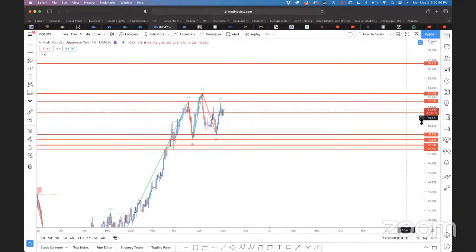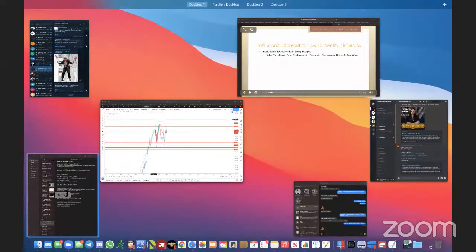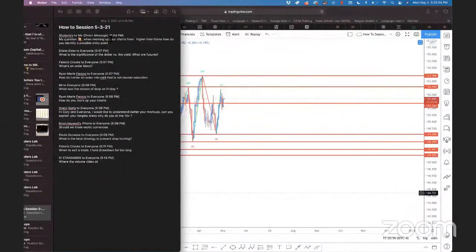And I do that because this is going to answer like three questions at one time, right? Felicia asked what are order blocks. Ryan asked how do I mark up charts, this is how I personally do it. And Paula asked what's the best strategy to prevent stop hunting, right?